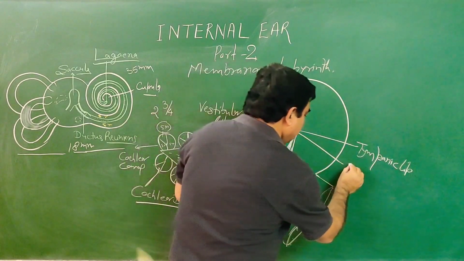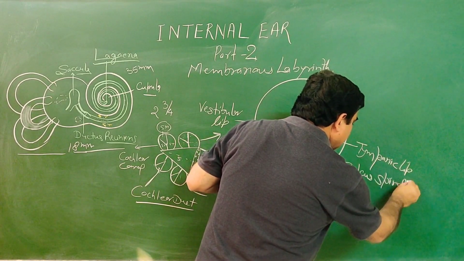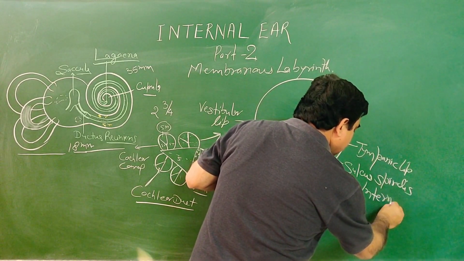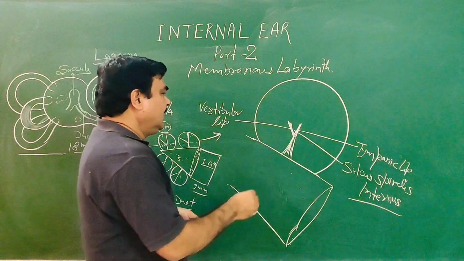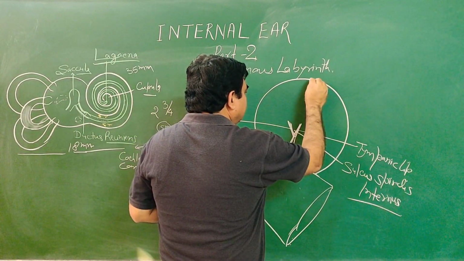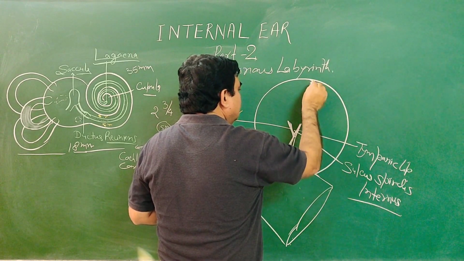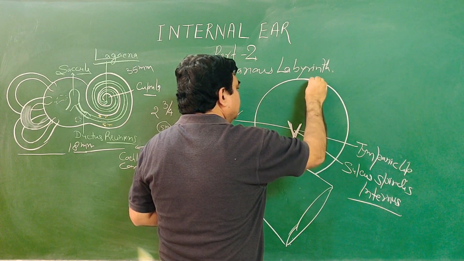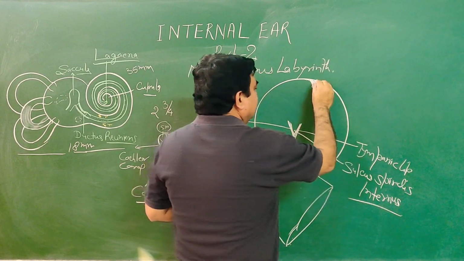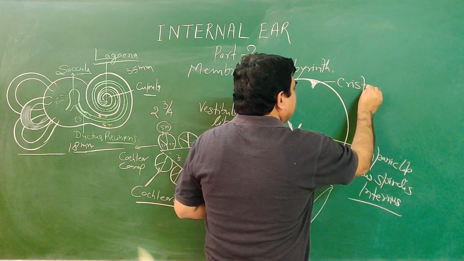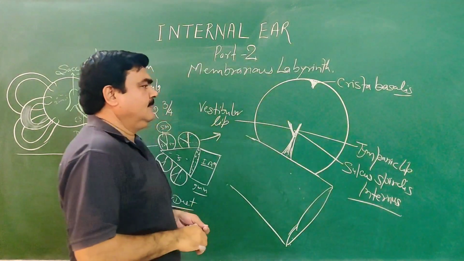This is known as the sulcus spiralis internus. On the lateral side, one important thing is the crista basalis.